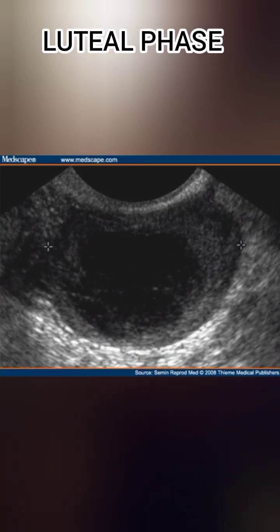If fertilization does not occur, the corpus luteum regresses by 21 to 22 days and the progesterone level also will decrease. It triggers endometrial sloughing and menstruation will begin.